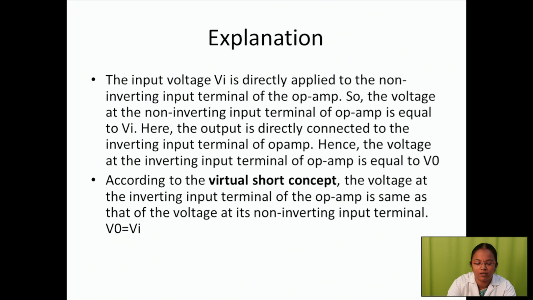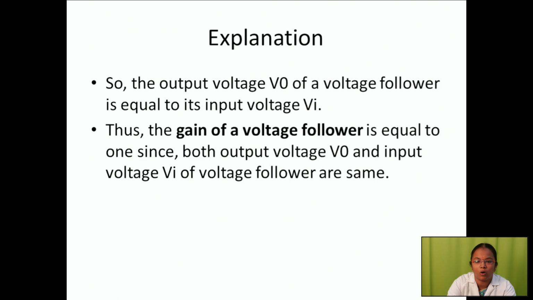So we can write V0 is equal to VI. So the output voltage V0 of a voltage follower is equal to its input voltage VI. Thus the gain of the voltage follower is equal to 1, since both the output voltage V0 and input voltage VI are the same. Okay, so the gain will be 1 for a voltage follower.